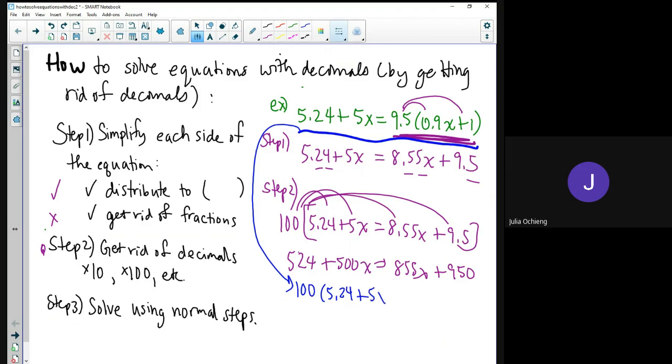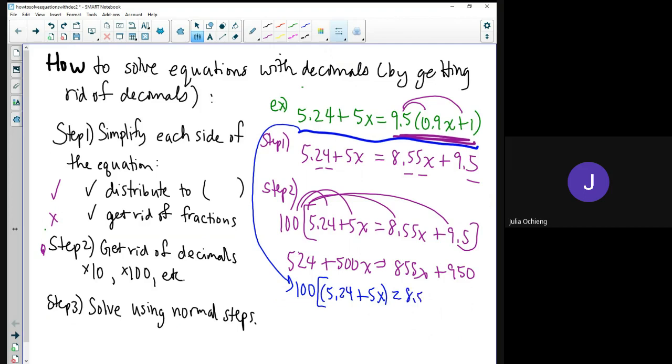Now be careful when you do this. I'm going to clean that up a little bit because it's quite messy. I'm not going to multiply that 100 to the entire equation.